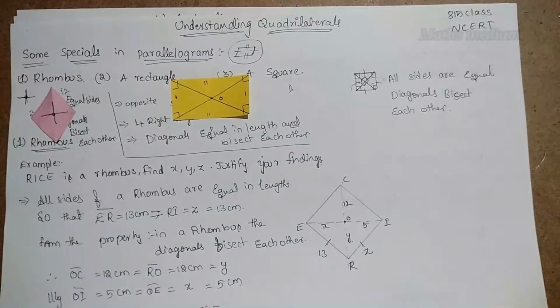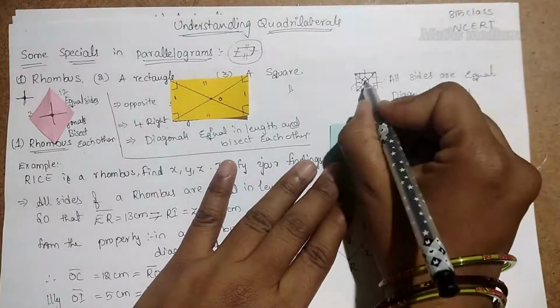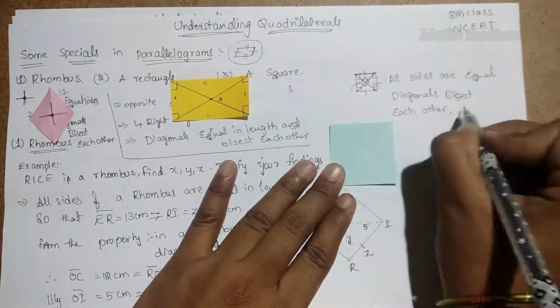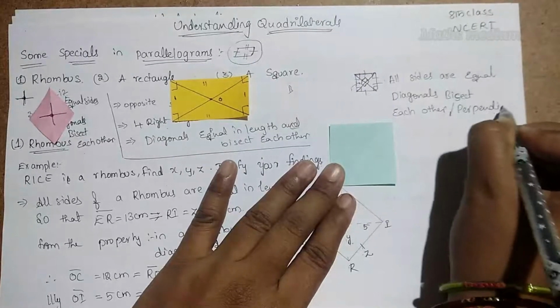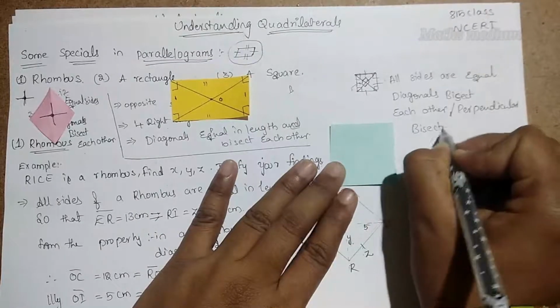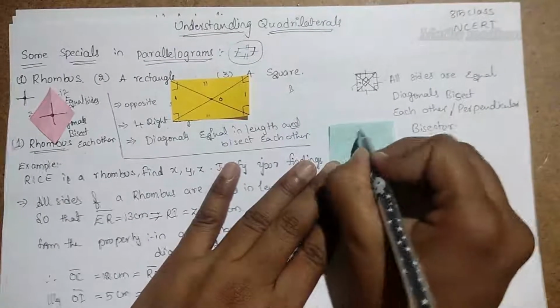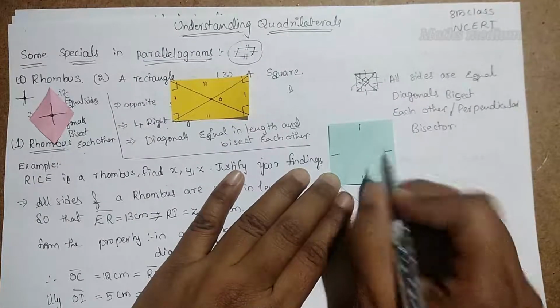So if you take a square here, the diagonals bisect each other, we get 90 degrees, right? So it is a perpendicular bisector also. So if you take a square, this side and this side and this side, all sides are equal.